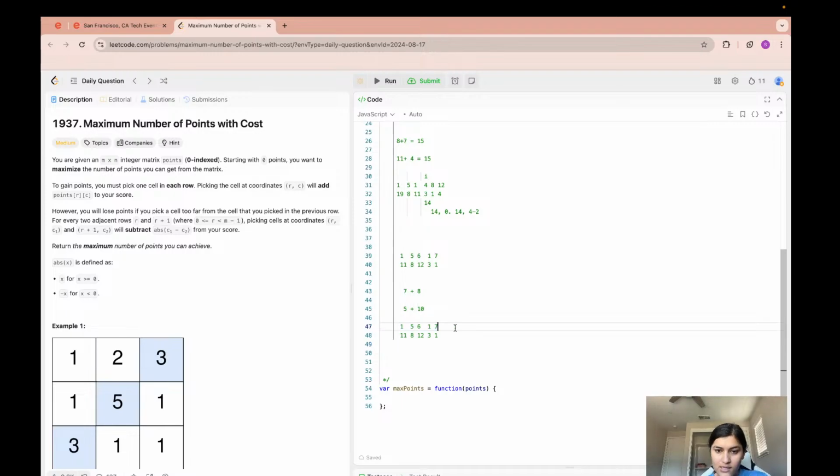So let's see. What I was saying was, in the first row, can I just select a number that is less than the biggest number? Yes, right.